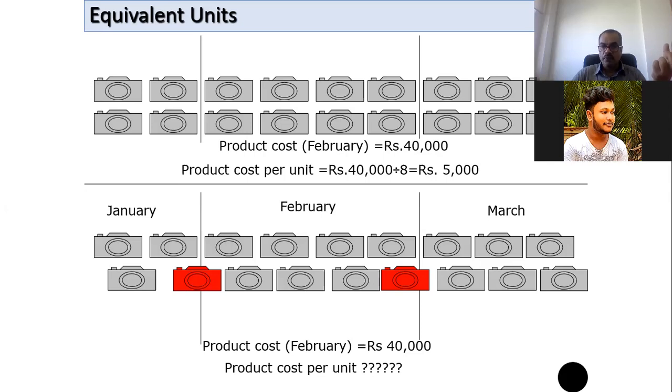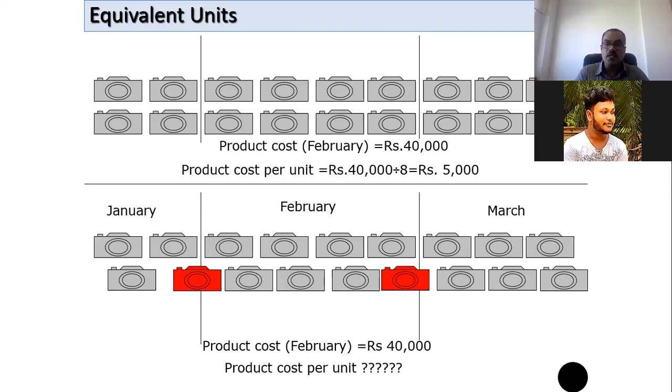So what would be the product cost per unit? That is an assumption. Physically, you don't have 8 completed units. Physically, you have 7 completed units, but technically, you have 8 completed units: 7 completed plus 2 units partially completed.